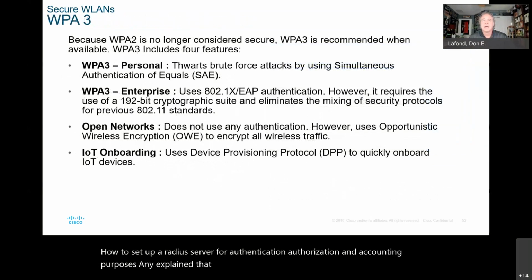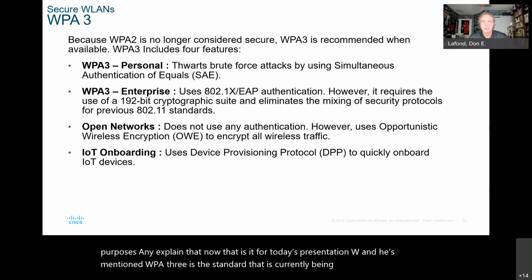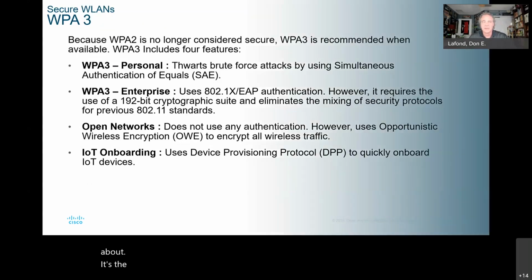Now, that is it for today's presentation. He mentioned WPA3 is the standard that is currently being used when we're talking about encryption, and you'll read more about that inside of our classroom.